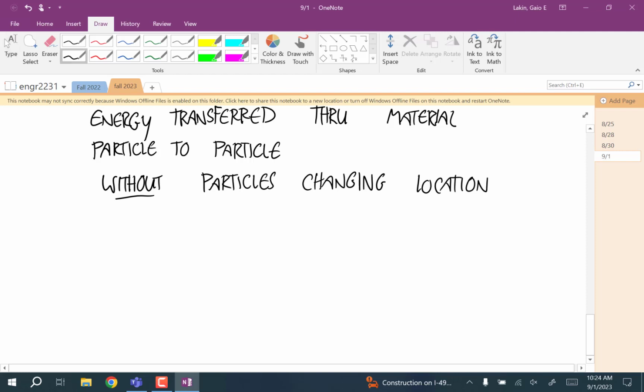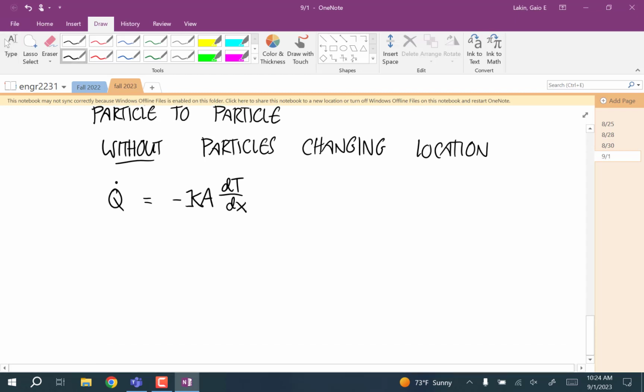Okay, so the formula for conduction is Q dot is equal to negative kappa times A times dT/dx. This is a temperature gradient. All of these things are driven by a temperature difference. Q dot is the heat transfer.